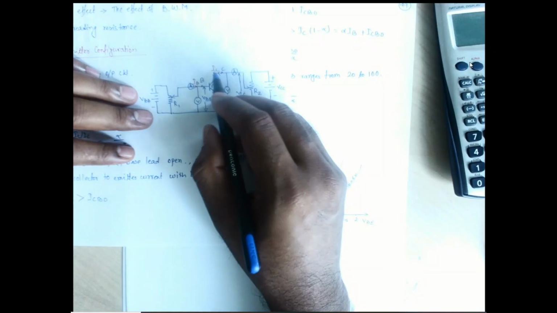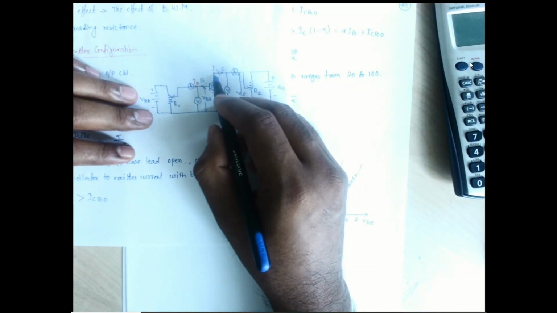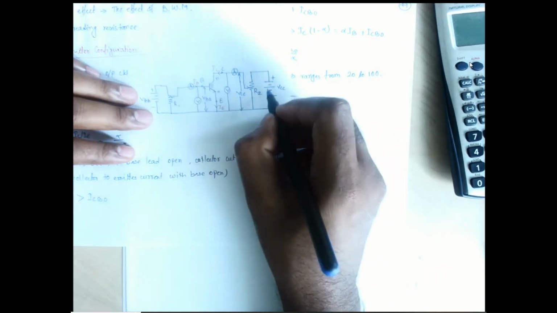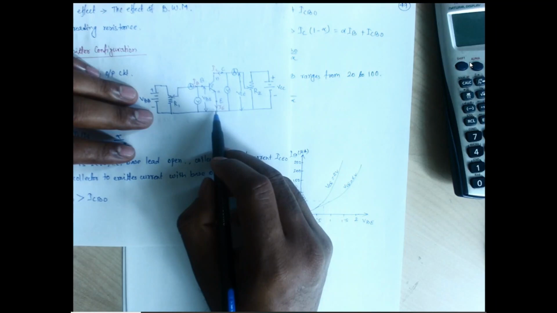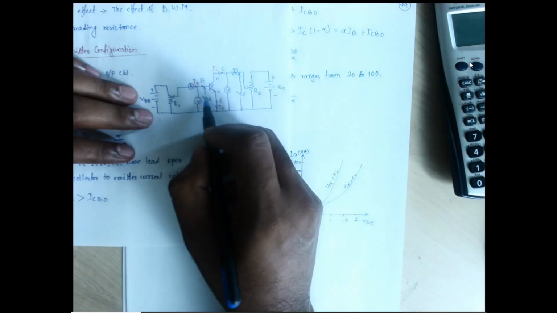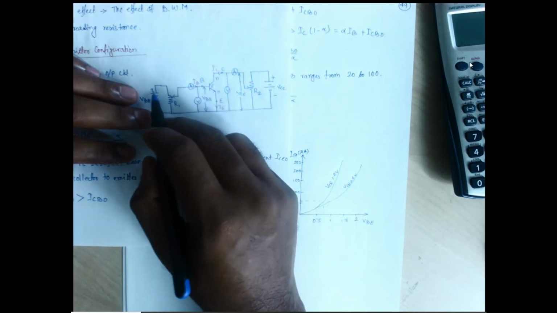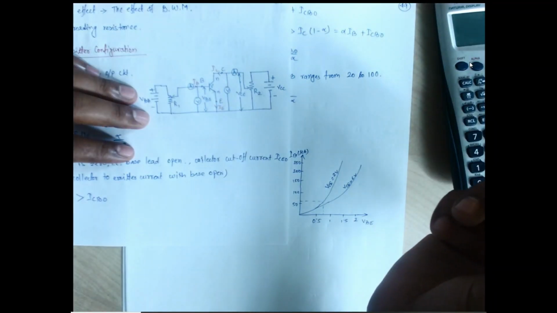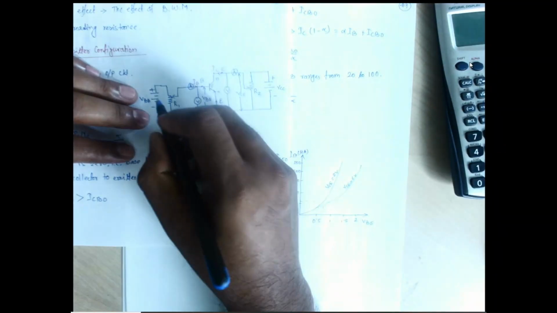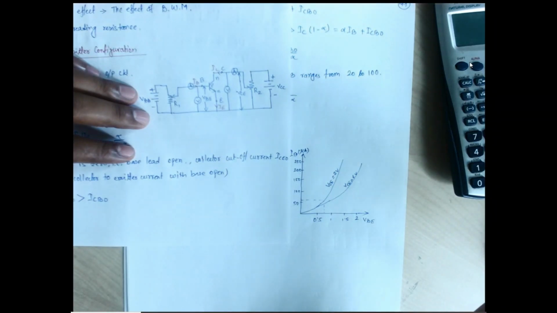VCE increasing means the collector is provided reverse bias, that is positive is connected to the collector. Now when we have given the VBE forward bias, what does it mean? Forward bias means the base is provided with positive because it is P, and the emitter is provided with negative.